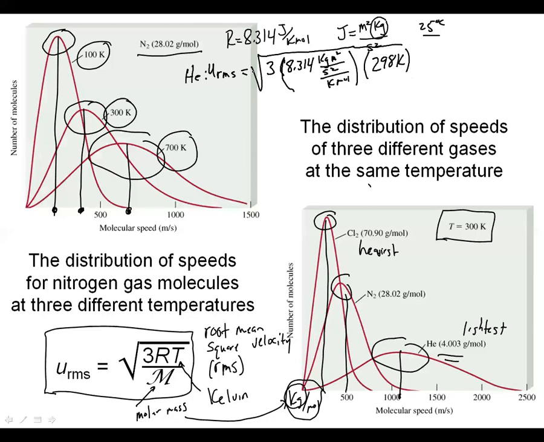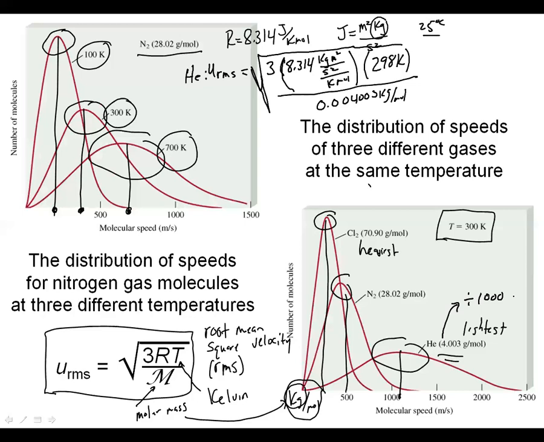We would divide it by the molar mass, which is 4.003. But again, we need to convert that from grams into kilograms, and we would end up with 0.004003 kilograms per mole. That is this number right here divided by 1,000 to convert it into kilograms.